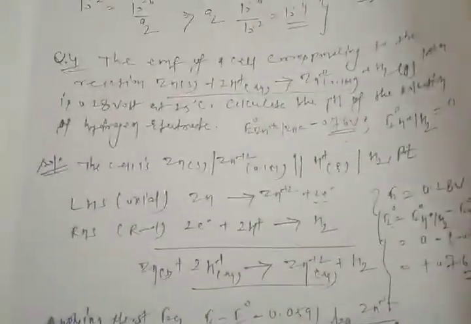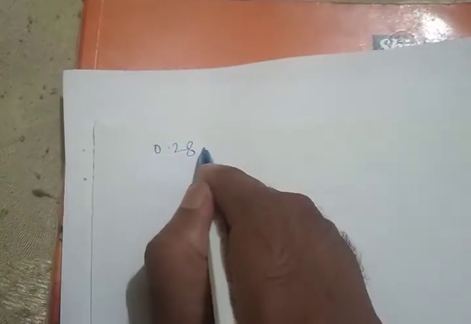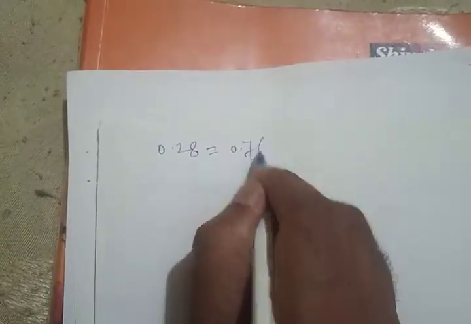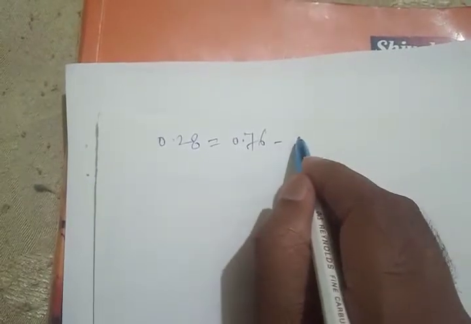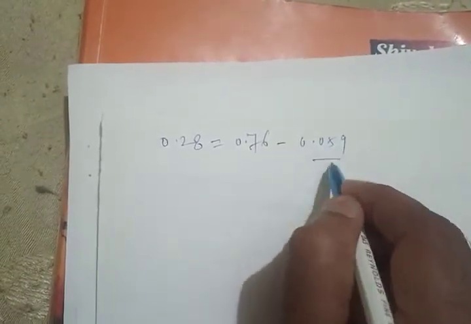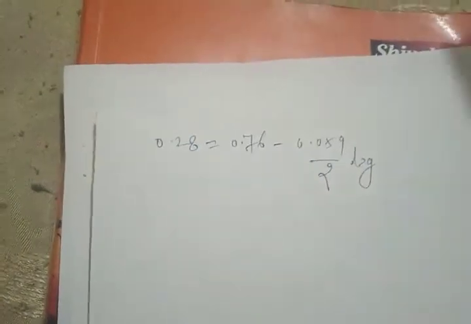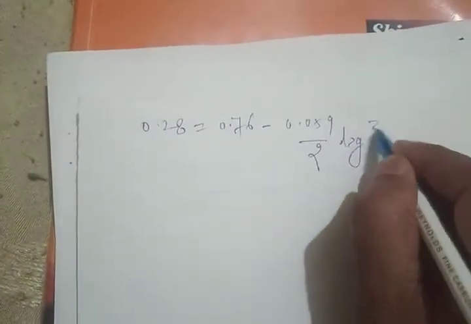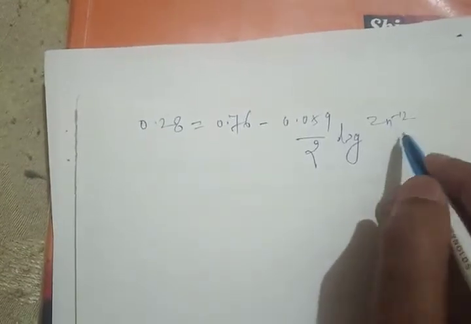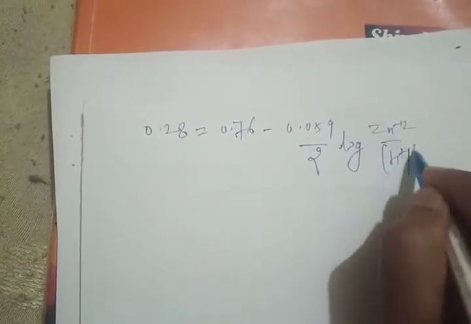Let's apply the values in this equation. So here is the value, third page. So we have values 0.28, 0.76, this is in plus, 0.0592 log, and Zn plus 2 to H plus twice.